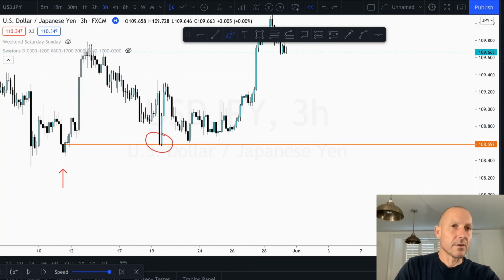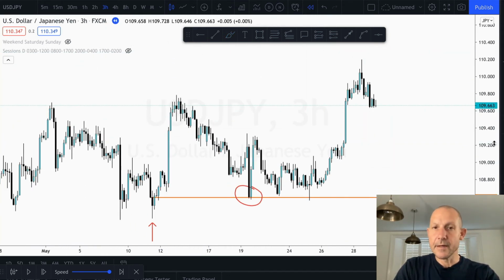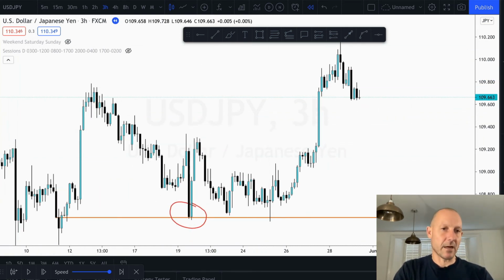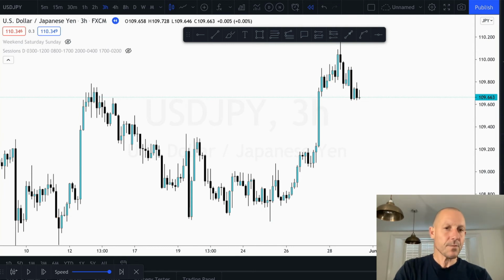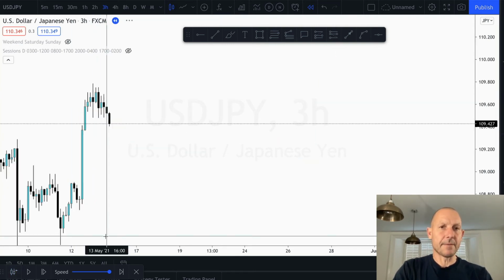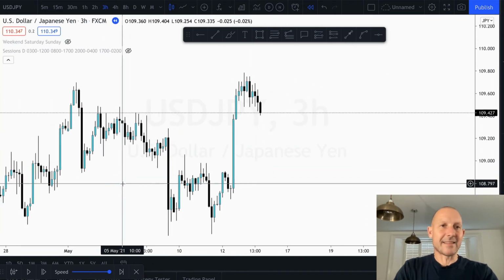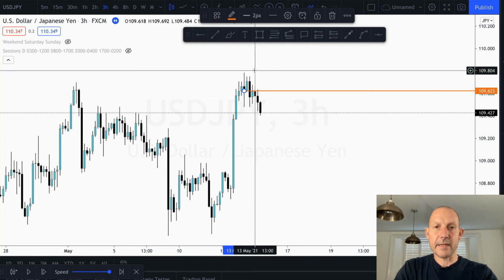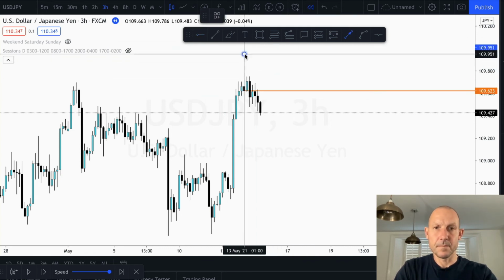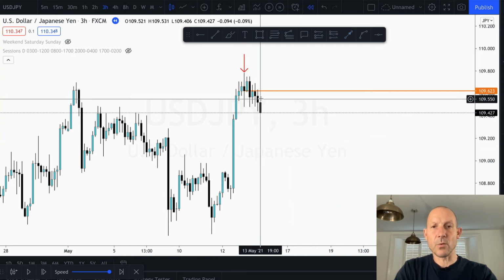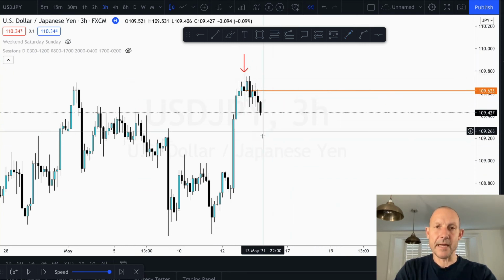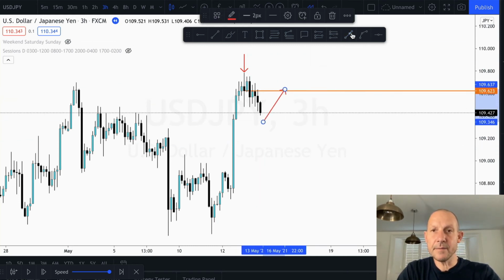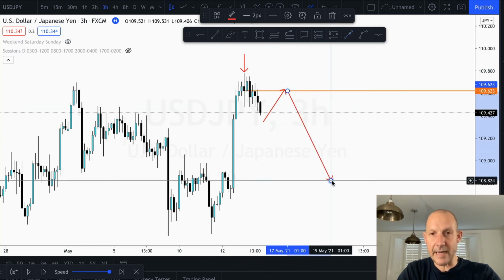Let's move this down here so we can see. I'm just going to give you a very, very quick example of a sell position. Let's just say we had the same thing up here. This candle here is where I'd want to enter my position. Price comes down here. What I'm looking for it to do is to come back up to this line or this price point and then carry on moving down.